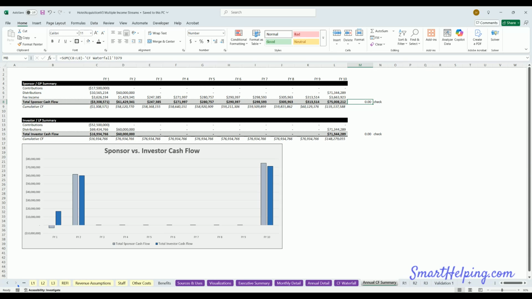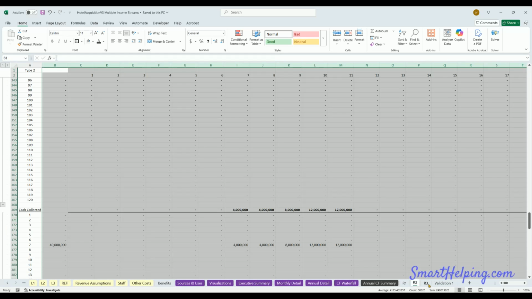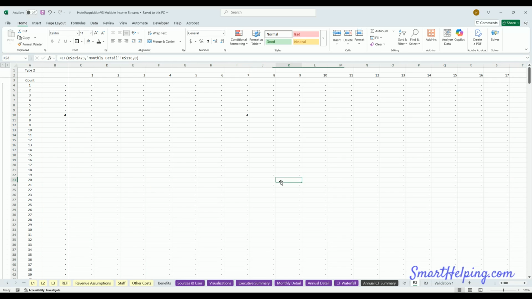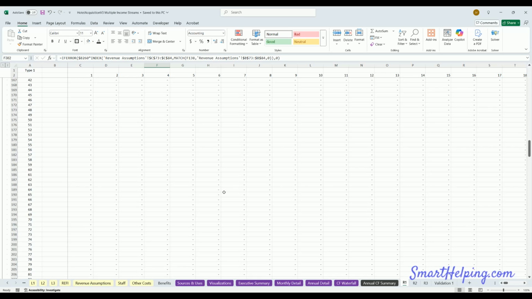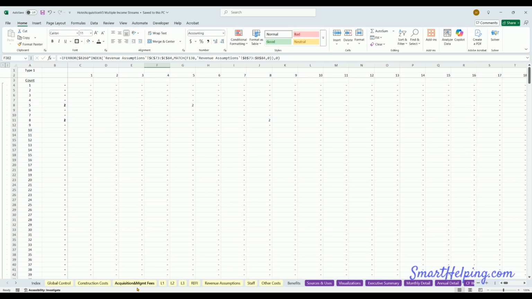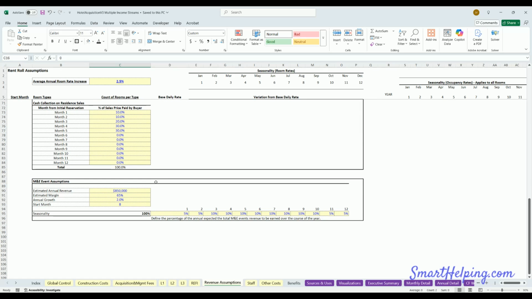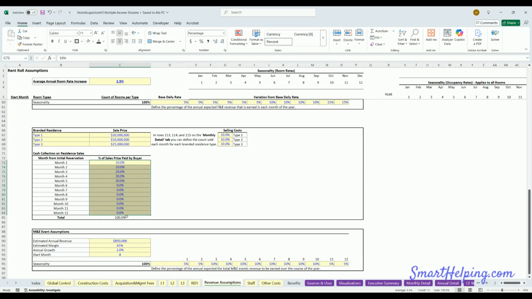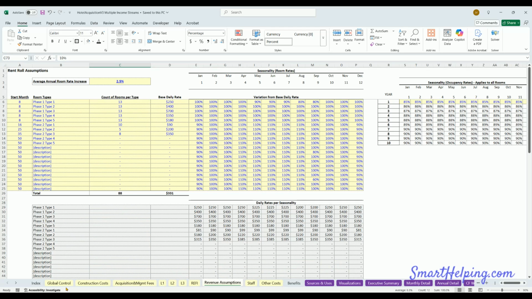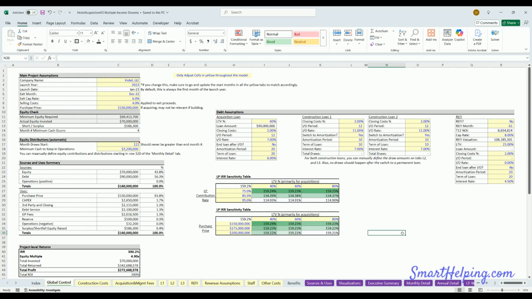Then we have all our dynamic logic at the end to do all the fun stuff with the residency sales and dynamic cash flow collections. If you sell one, you might not collect the cash flow up front. There might be a period of collections, so you can define that right here. Anyway, let's get into the details.